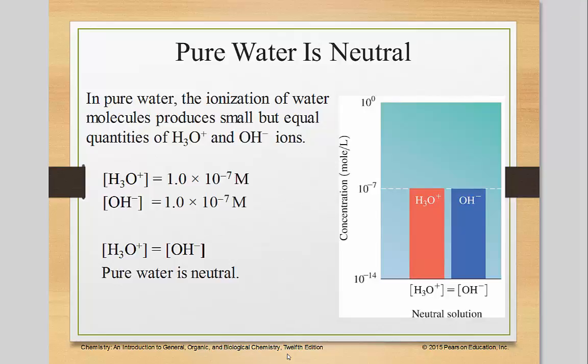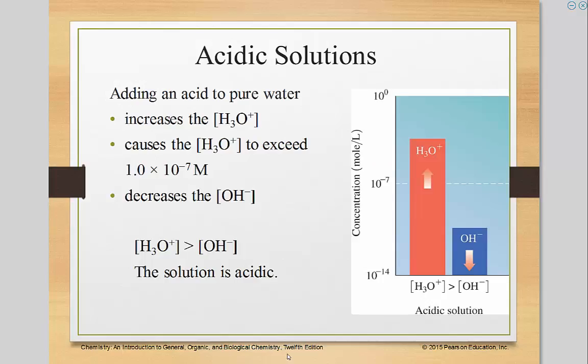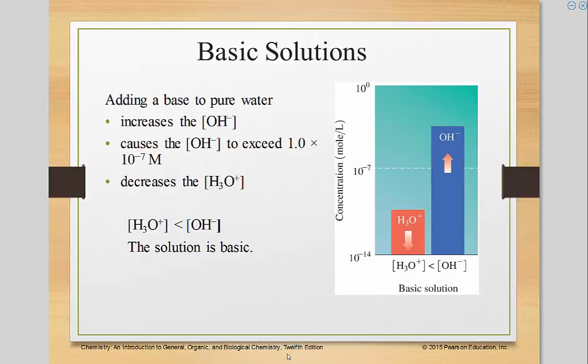They're both 1 times 10 to the negative 7. But if it's an acid, we're going to have more of the H3O plus, and the OH minus is going to go down. If it's a base, we'll have more of the OH minus, and the H3O plus is going to go down. Either way, when they're multiplied together, they're always going to equal 1 times 10 to the negative 14.